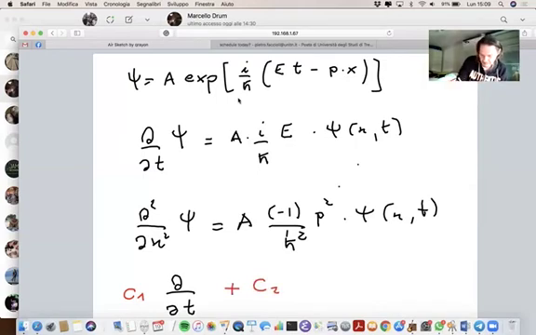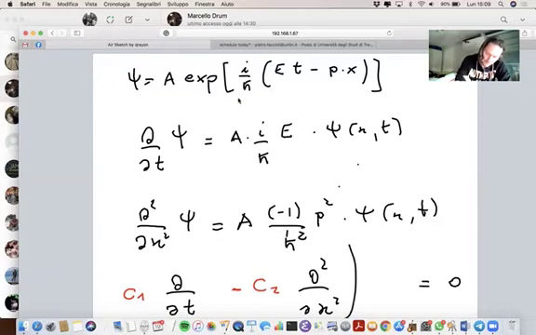Actually, let's put a negative, like in the wave equation, minus C2. It's completely arbitrary, you will just change the sign of C2, times d squared by dx squared equal to 0, and of course both terms are applied to the wave function. And all I have to do now is use the results that I just wrote above to determine what C1 and C2 are.